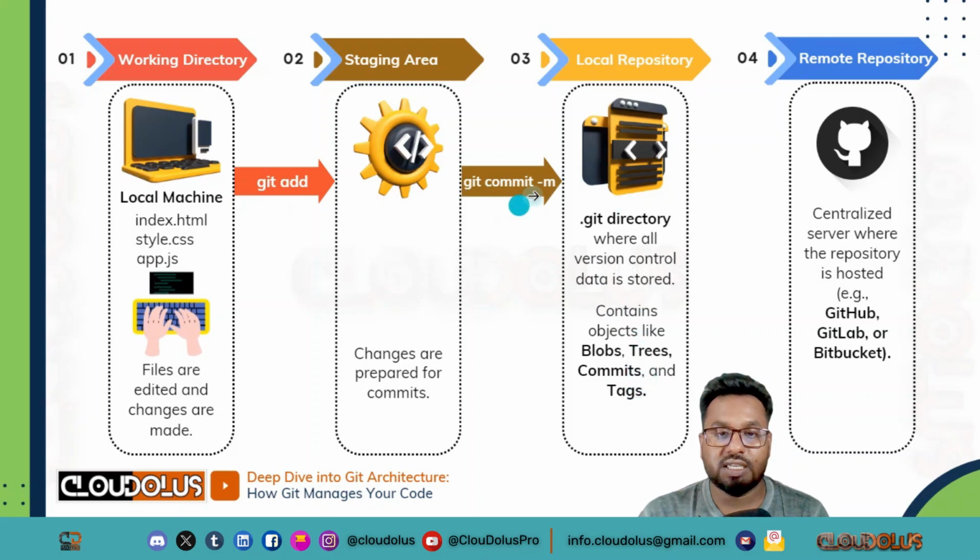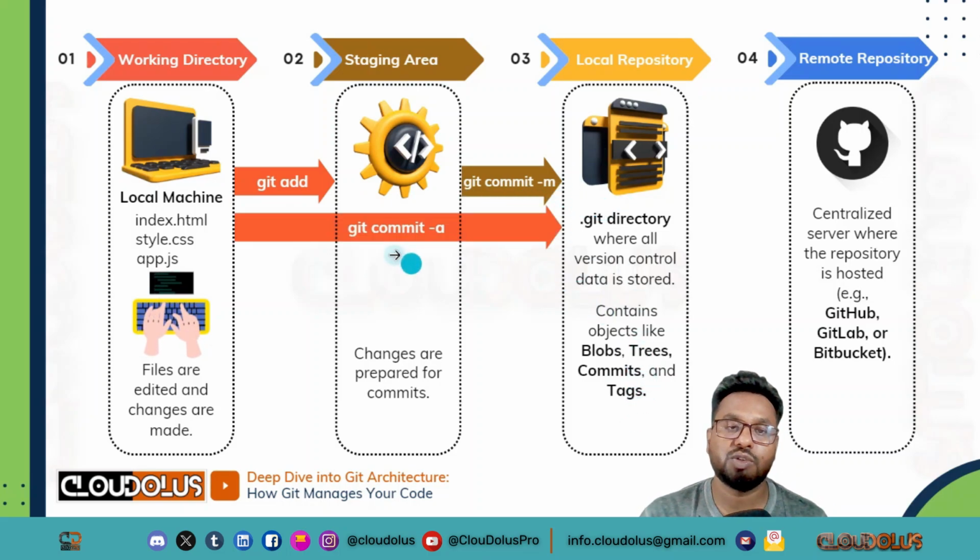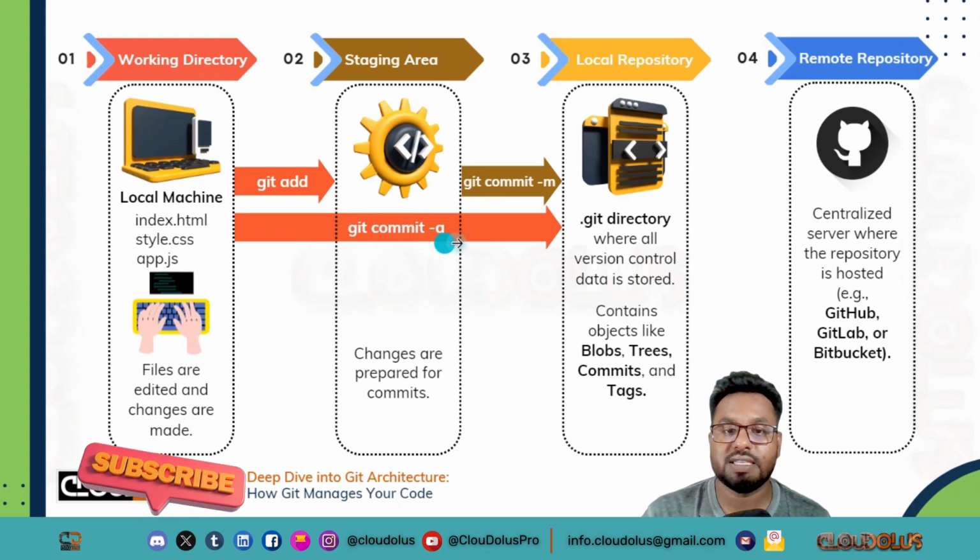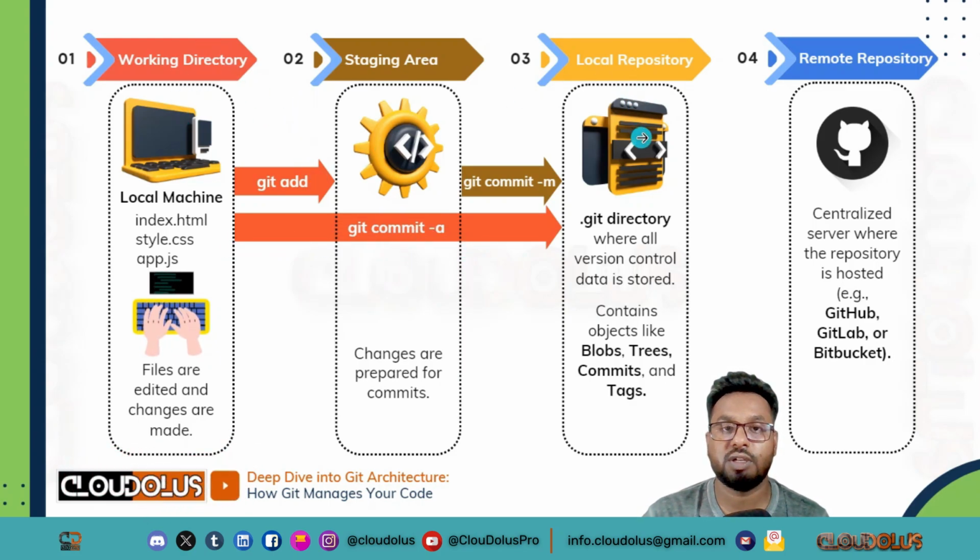After git commit -m, if you want to commit your code directly from the working directory to the local repository, then use commit -a. This is the command to commit your code directly from the working directory. After all the changes, updated features, and version control information are included, push the commit to the remote repository.